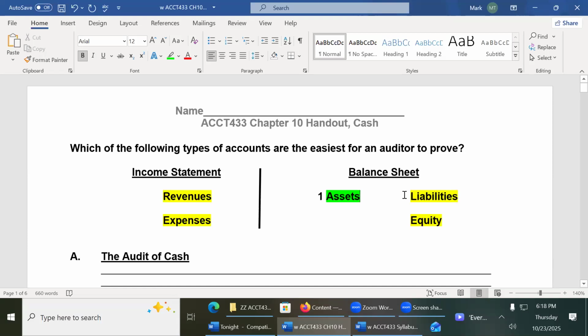The second place we go is over here, to liabilities. So we really beat up the balance sheet. We go to the assets and we go to the liabilities. So we get comfortable with the assets. Are the assets all accounted for? If they are, we go to the liabilities and we see if we can get comfortable that the liabilities are not misstated.